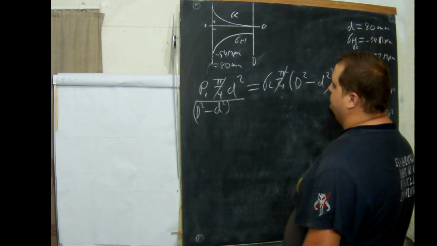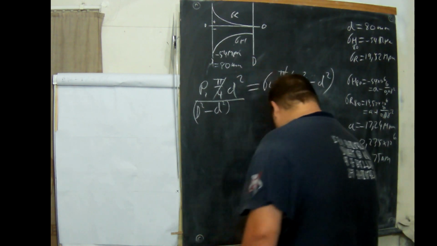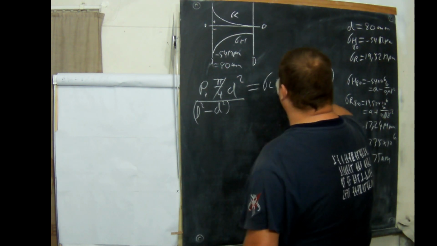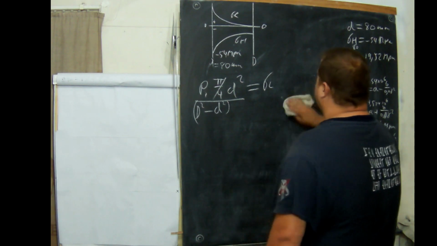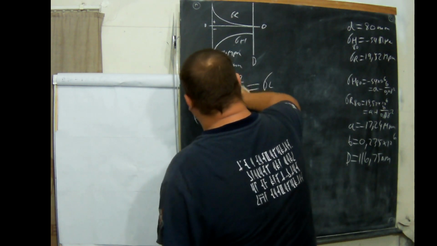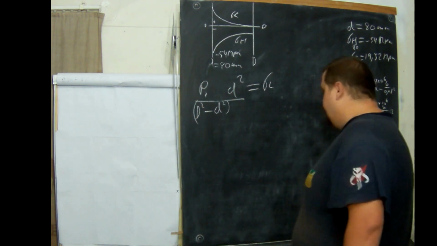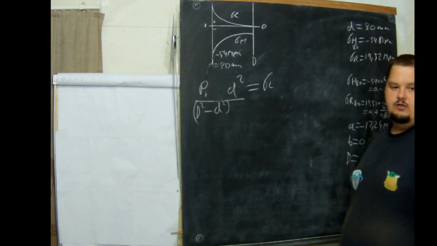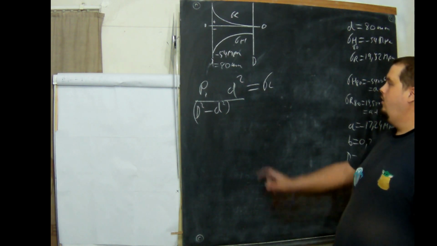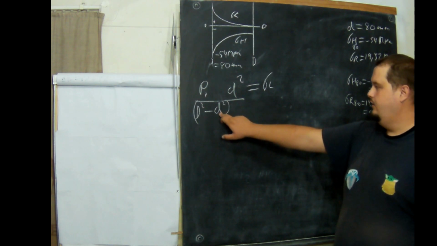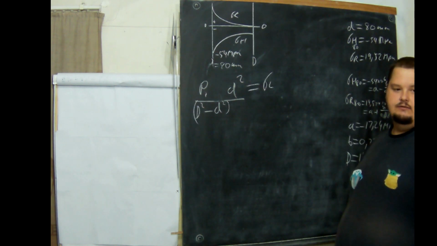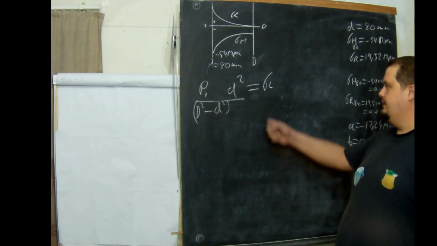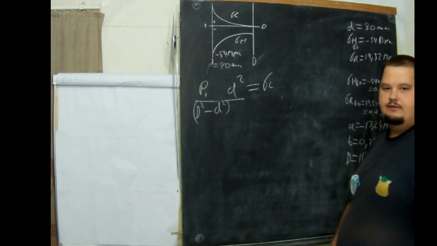And that is our sum. That cancels, and we got that. And this cancels, and we have that. So we have our internal pressure, our small diameter, and our large diameter. That is all we need to calculate our longitudinal stress.